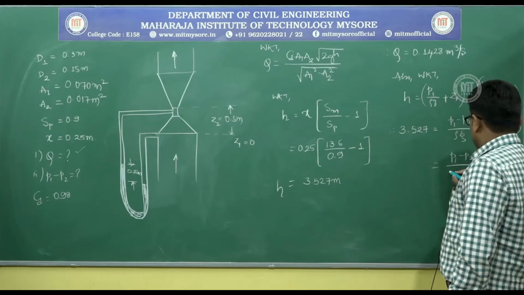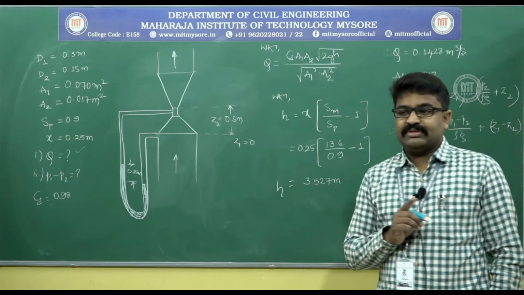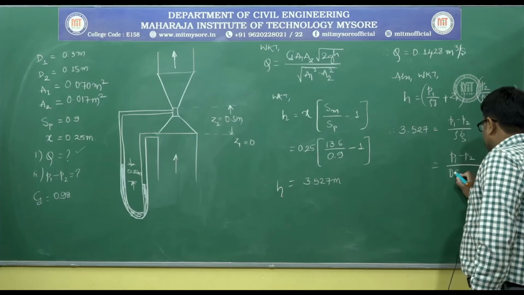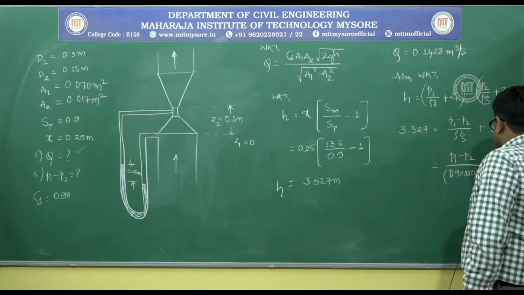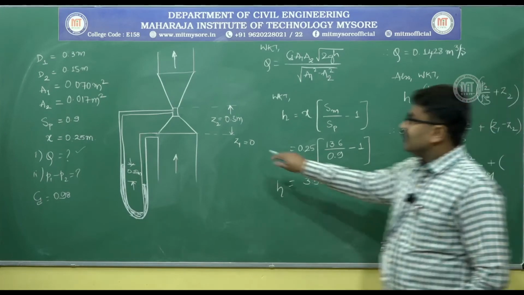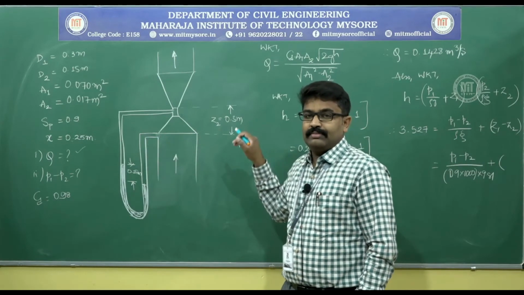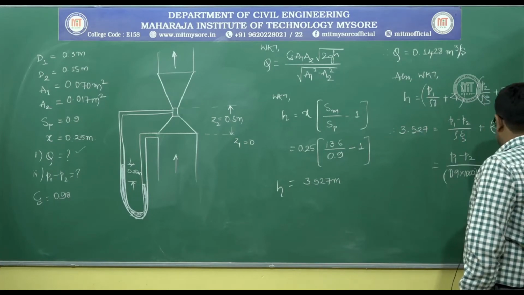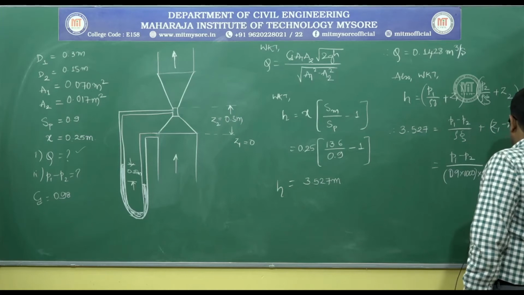What is rho? Rho is, okay, very careful, 0.9 is the specific gravity. So, rho must be equal to 0.9 into 1000, whole multiplied by g, g is 9.81, plus Z1. If you consider the datum to be passing through Z1, that means Z1 is equal to 0. So, this becomes 0 minus 0.3.